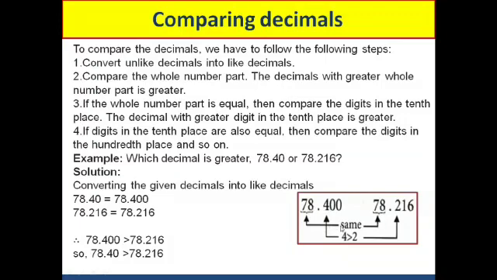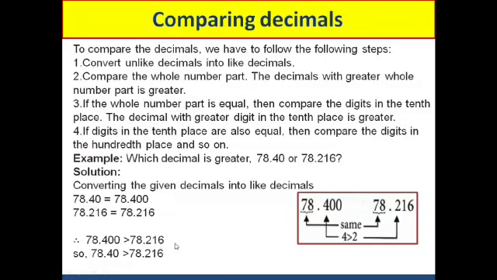The whole number part is the same. Then we will move to the tenths place digit, and here the tenths place digit is 4 and here the tenths place digit is 2. Since 4 is greater than 2, the number 78.400 is greater than 78.216.